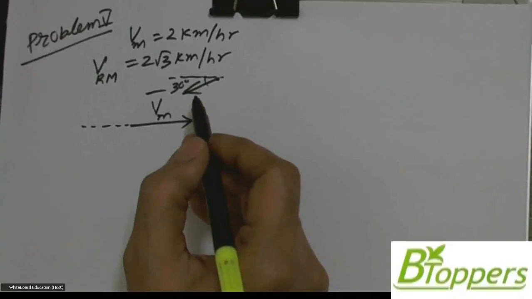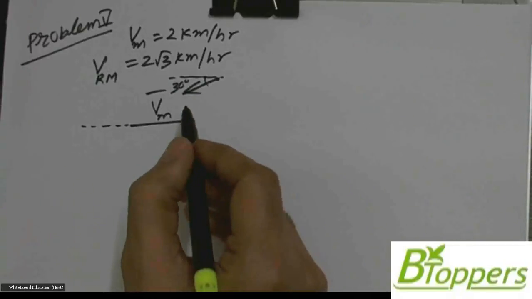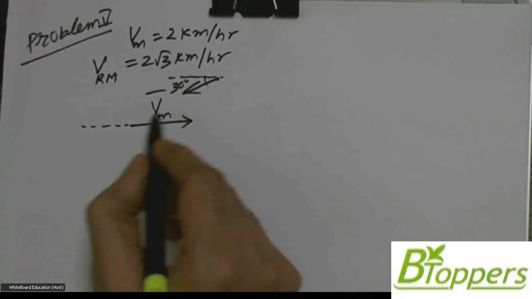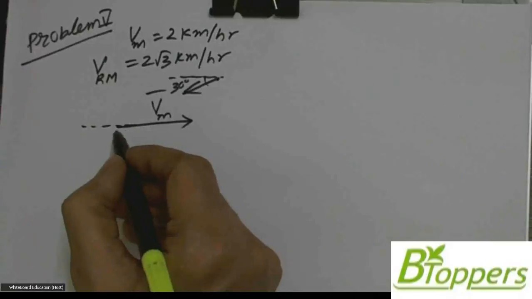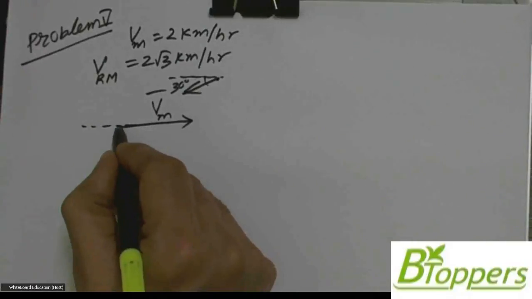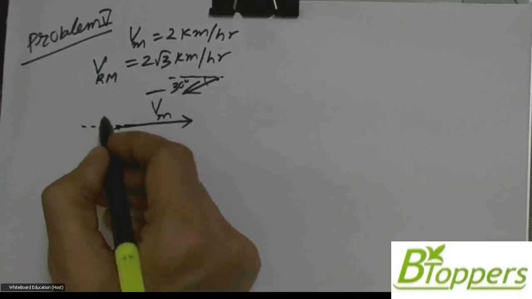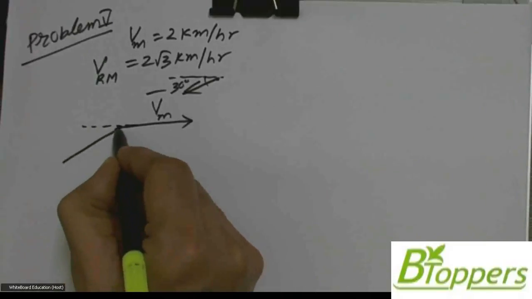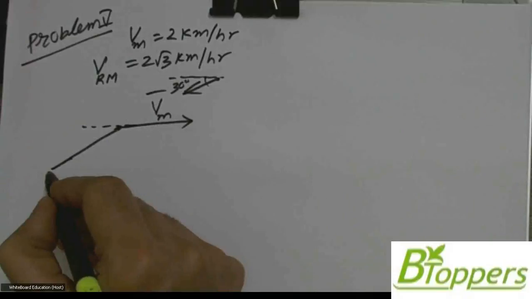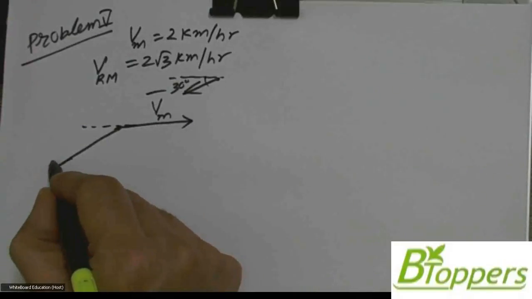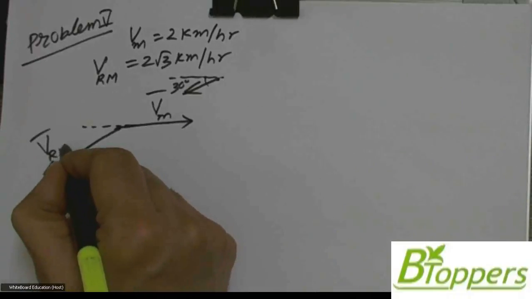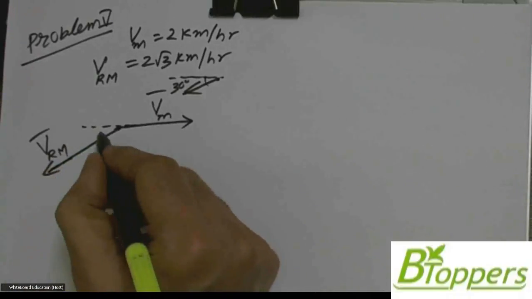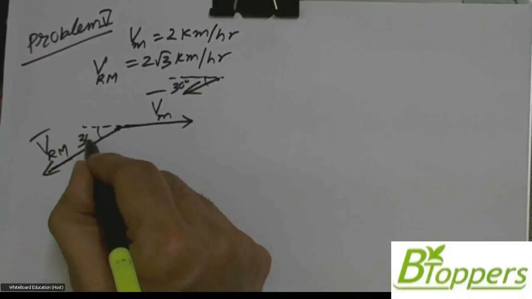To know the angle between two vectors by the graphical method, the two vectors must be drawn from the same point such that the tail of one vector is attached to the tail of the other vector. So I show the relative velocity of raindrops with respect to the man this way. This angle is 30 degrees.